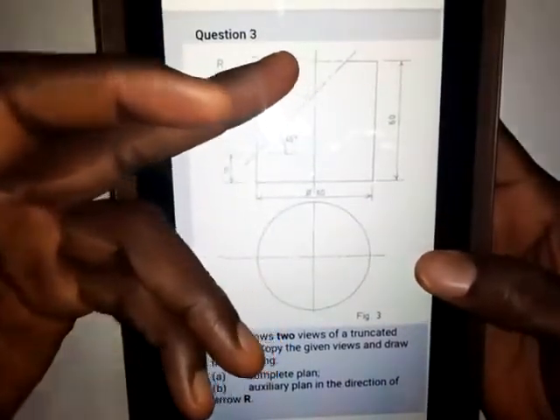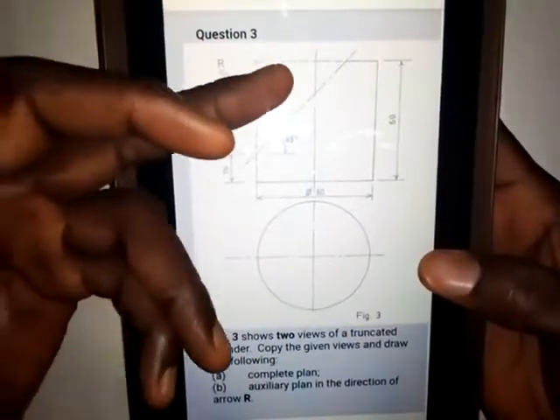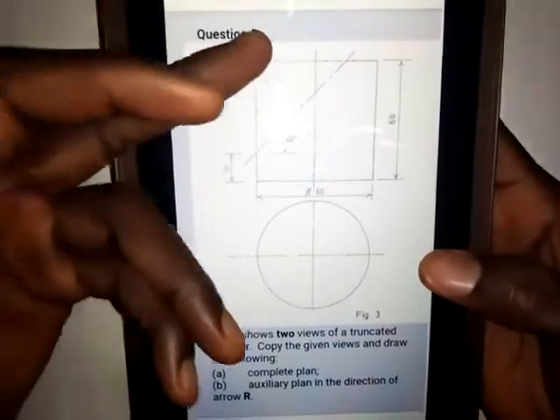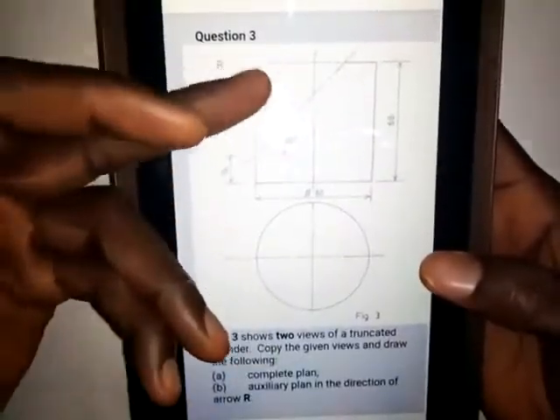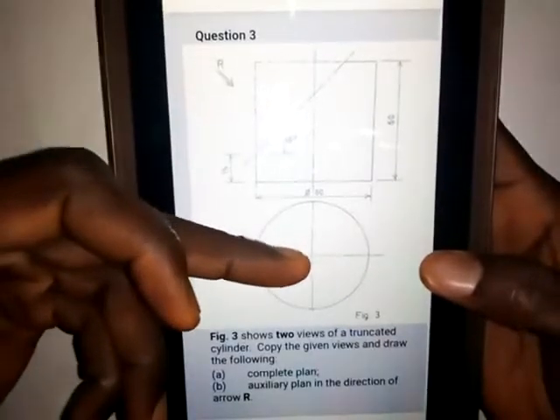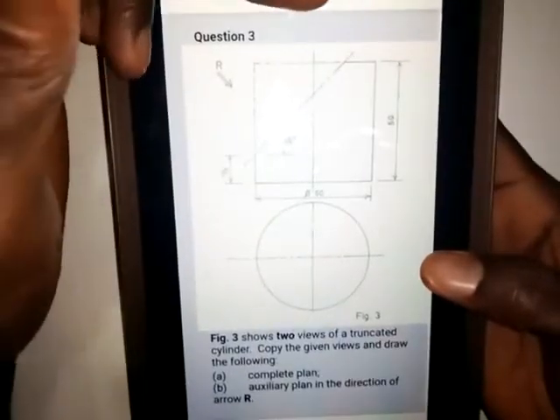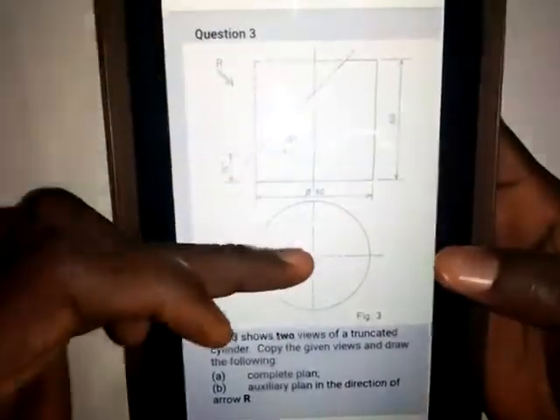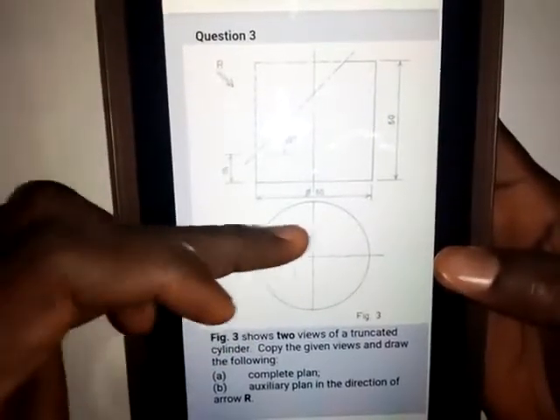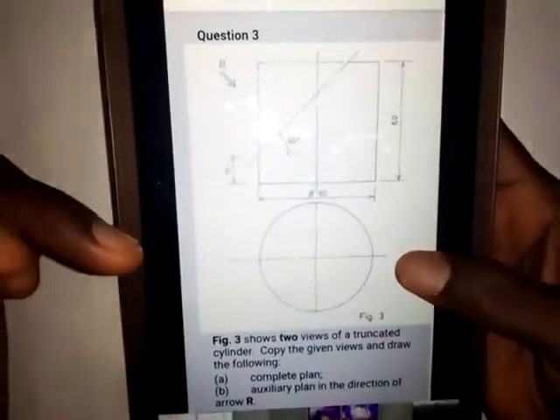When part of it is cut off, we are going to have a rough surface here. When we remove this part that has been cut by this cutting plane, we are going to see a rough surface there. That's why we're asked to draw a complete plan, because when we are looking at it from the top down, we are going to see that roughness in the plan, that means in this circle. So we are going to show that. That's why we're asked to draw the complete plan.